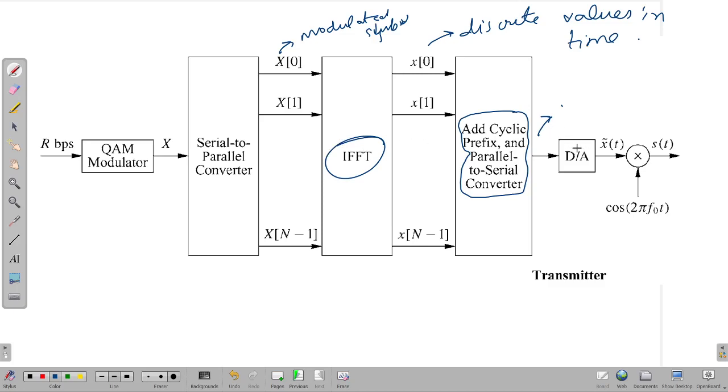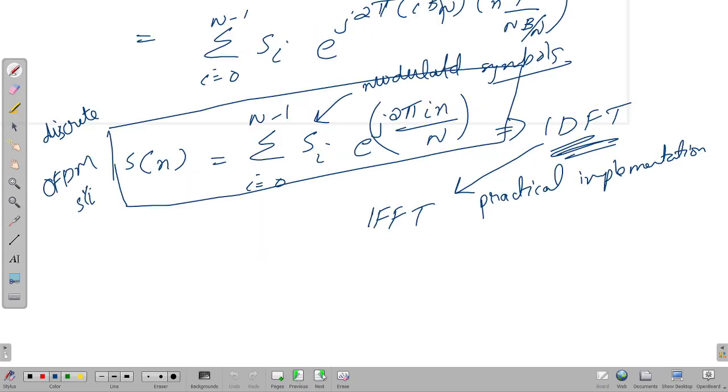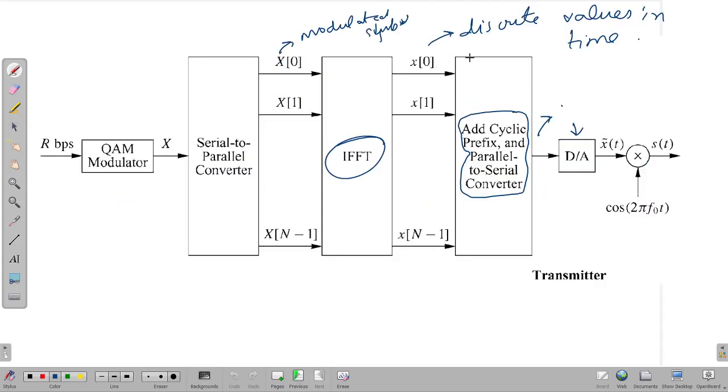And I do that using a discrete to analog converter here, it converts. And remember, we have baseband OFDM here. At this point you have x tilde of t, it is baseband OFDM.